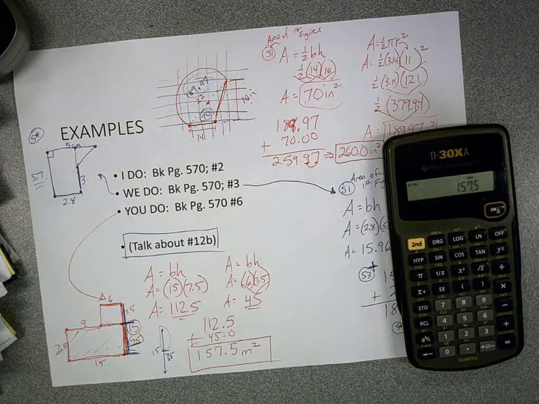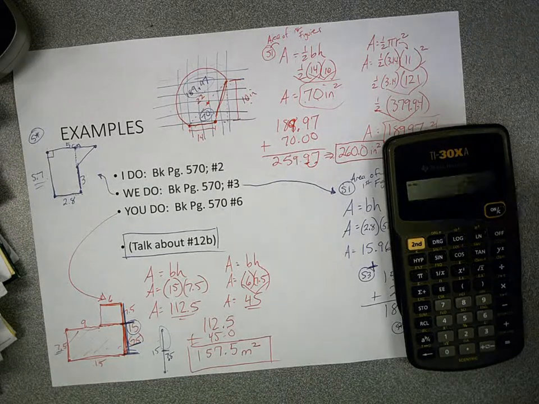Because for every single square foot, it would be $1.70. So however many square feet it is, you multiply it by $1.70, and you'll get your answer. Any questions about that? Okay. So area of composite figures.